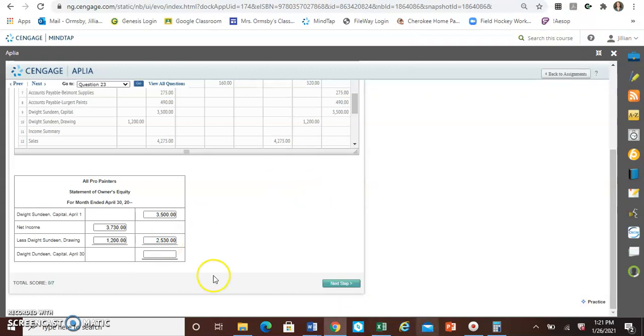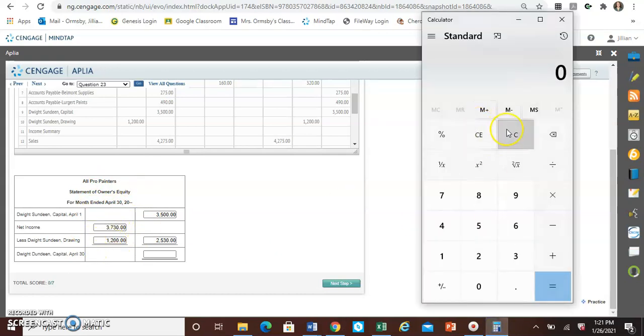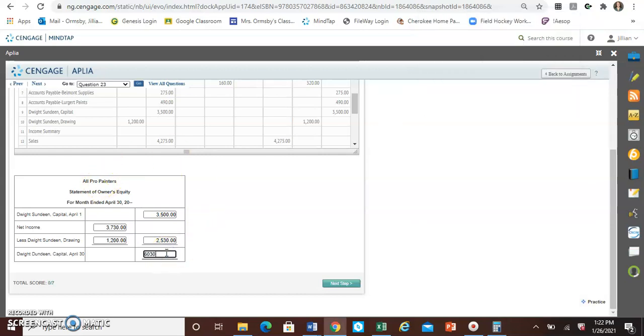I'm then going to add capital and what's left after we took net income and subtracted drawing, I should say, and going to add them together. 3,500 plus 2,530 is going to give us 6,030. That is our current capital.